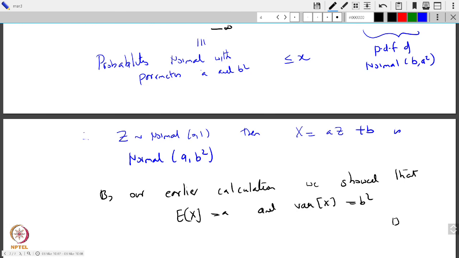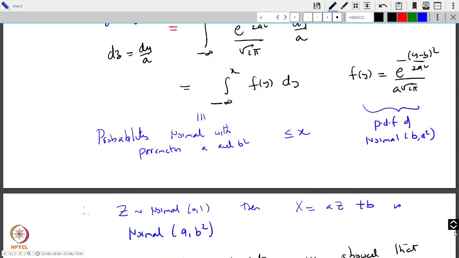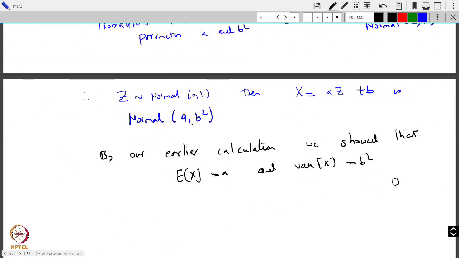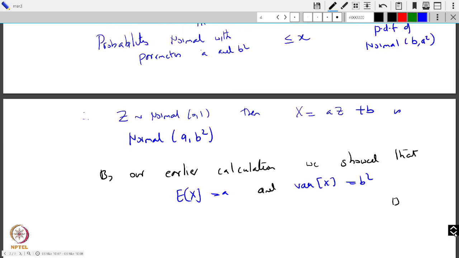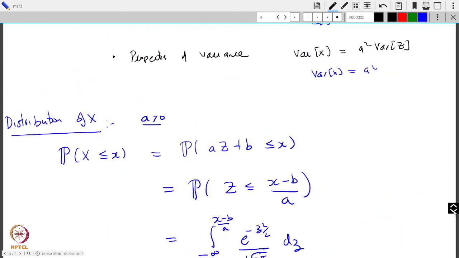So therefore, when you say x is normal with mean a and b squared, the mean refers to a and the variance refers to b squared. Very nice.